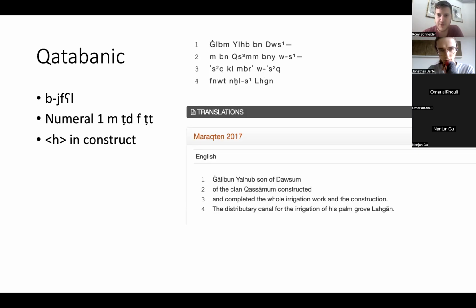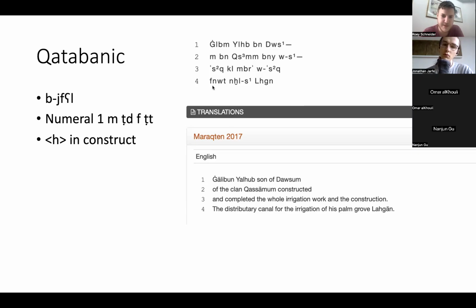Oh, sorry, and this is probably a noun, so they think and the construction or something like that, like the erected thing. Fanawat nakhalas lahagan. And they understand this sentence as the distributary canal for the irrigation of his palm grove lahagan.